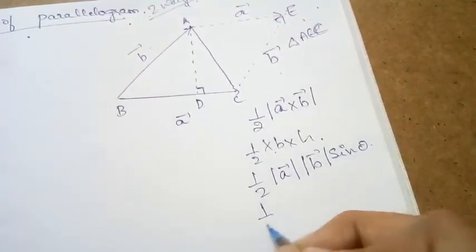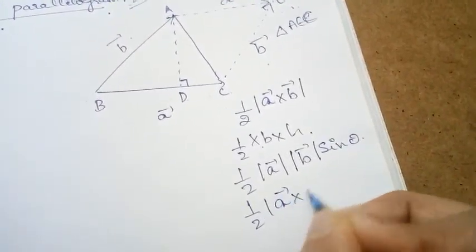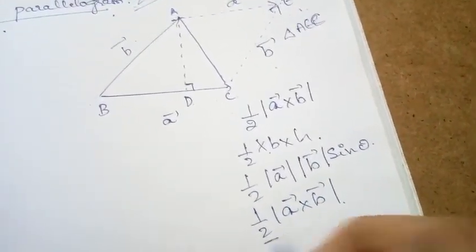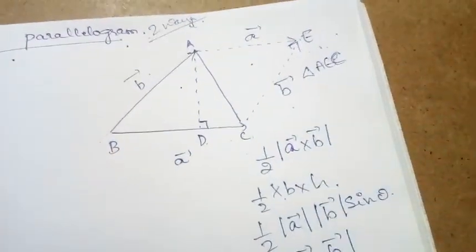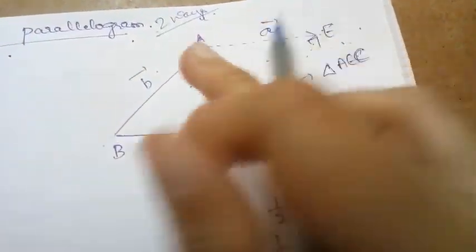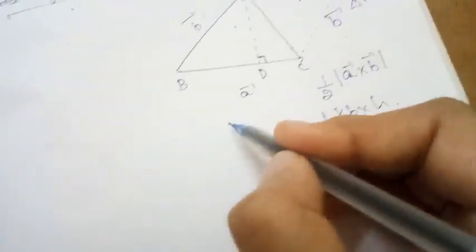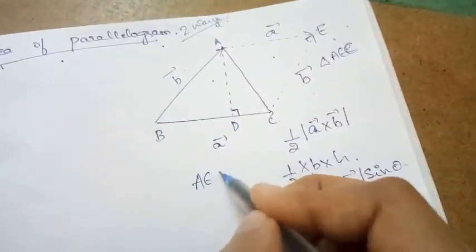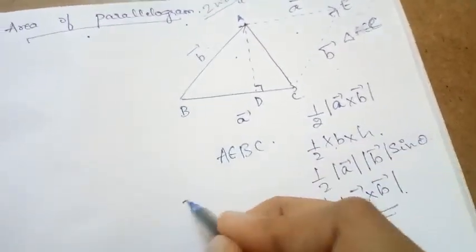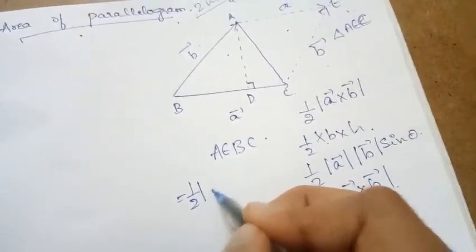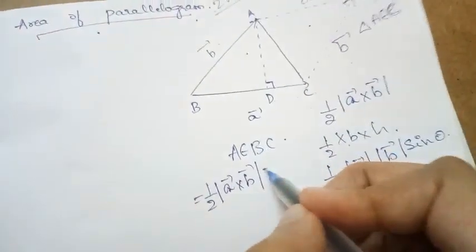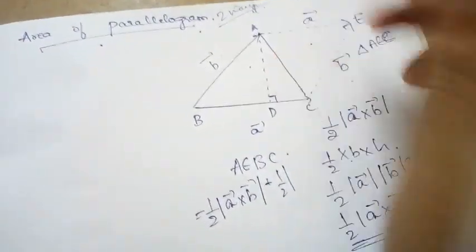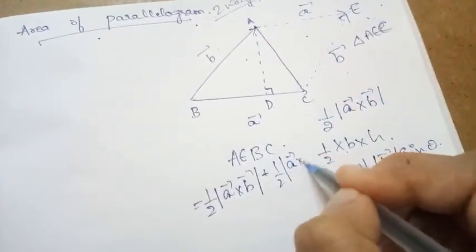So it is nothing but half into magnitude of vector A cross vector B. So the area of this triangle is equal to the area of this triangle. So the area of the parallelogram AECB will be half of vector A cross vector B, that is the area of this triangle, plus half of vector A cross vector B, the area of this triangle.